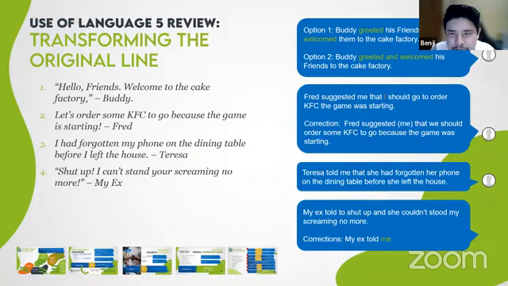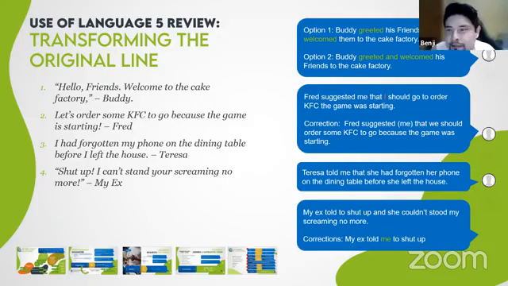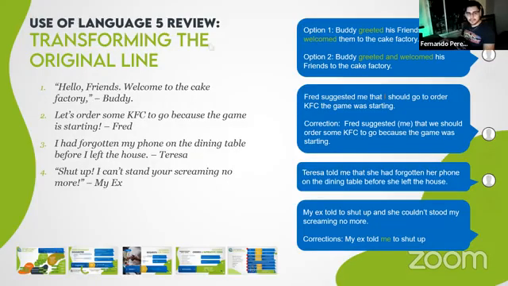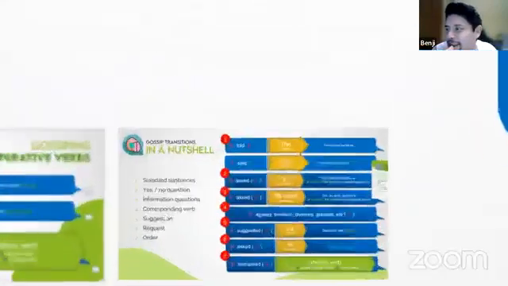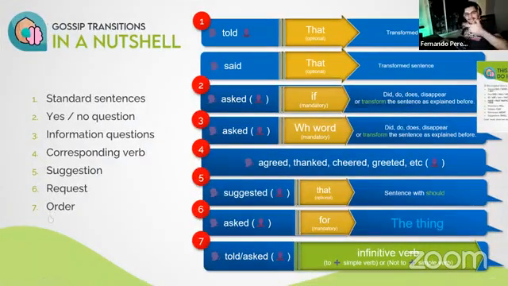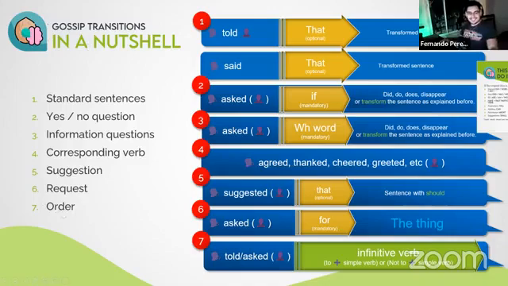It's correct. My ex told me to shut up, because I think this fragment of the sentence matches rule 7. Rule 7 is the order. Yeah, rule 7, sorry. You are right. Congratulations.